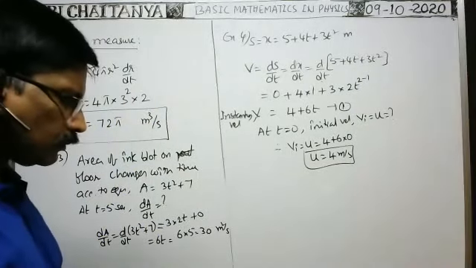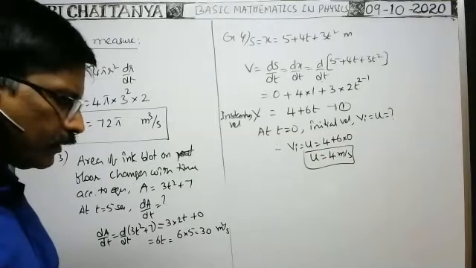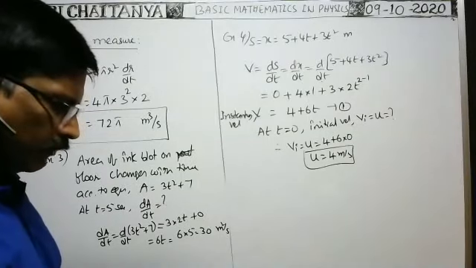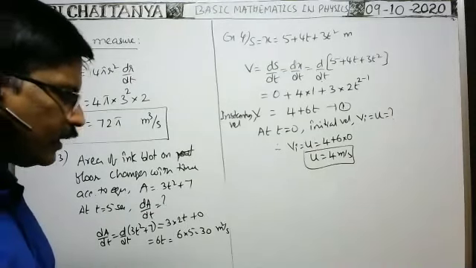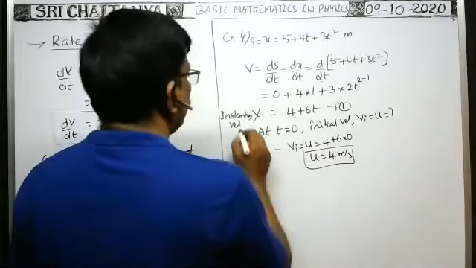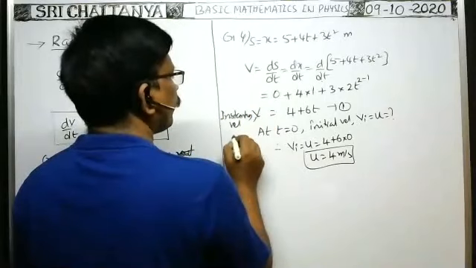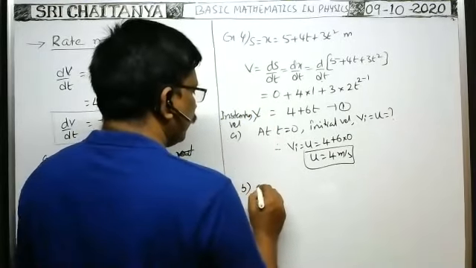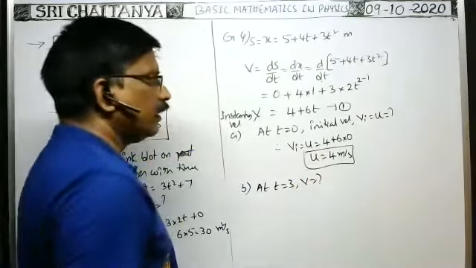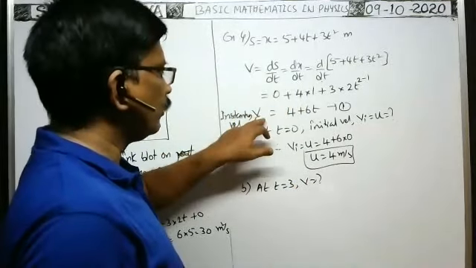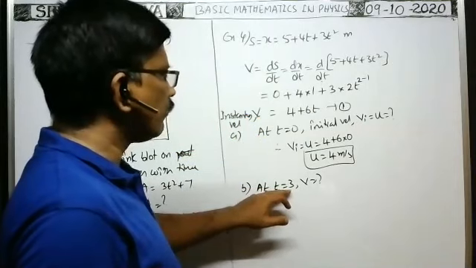Next, part B: at t = 3 seconds, what is the velocity? At any time t, velocity is 4 + 6t.